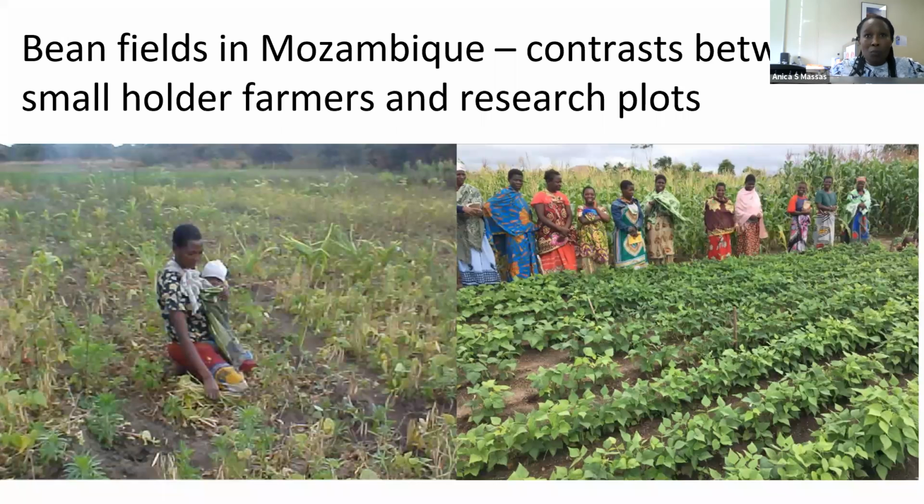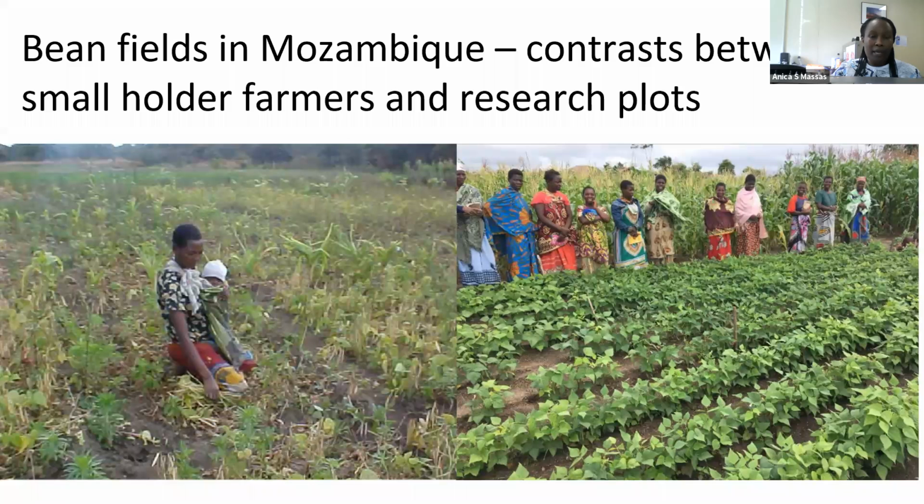Then, as you know, in Mozambique most of the farmers are women. The men go there and clean the field, they do the first cleaning, cut the big trees, open the field, and the rest of the work they give to the women.